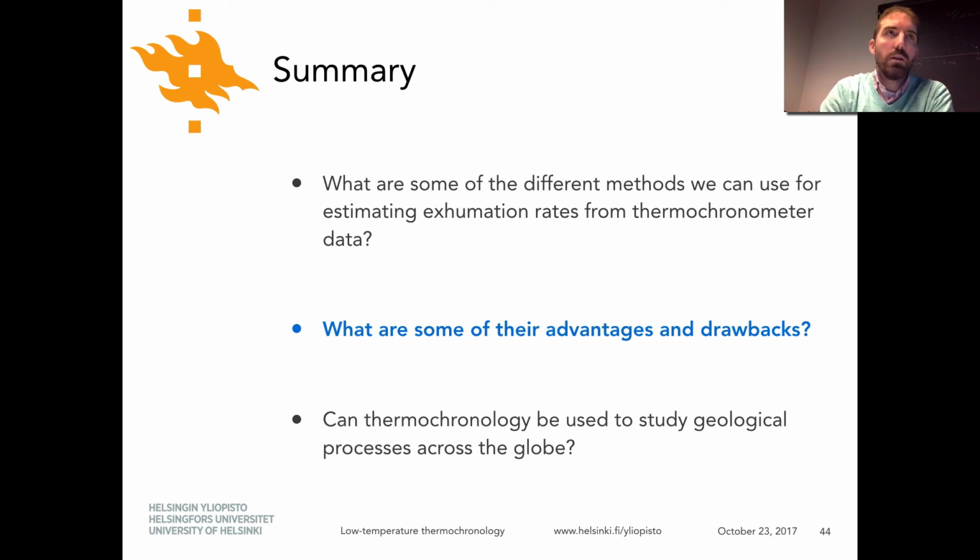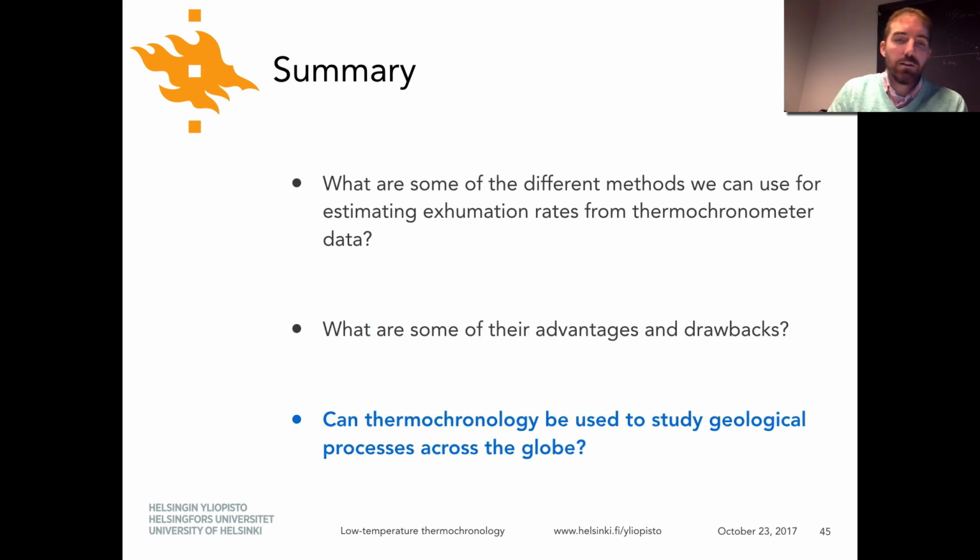Unfortunately, people have been saying that for at least 10 years now, and still there are some people in the thermochronology community who continue to use age-elevation relationships as a meaningful way to get exhumation rates. And I would advise you not to do that, should you be faced with that choice yourself.